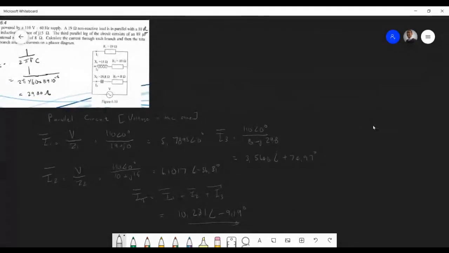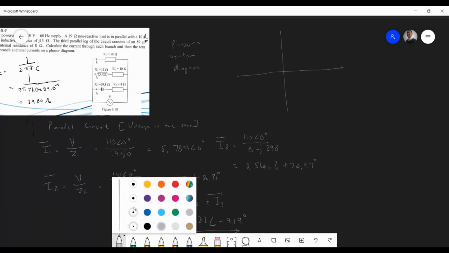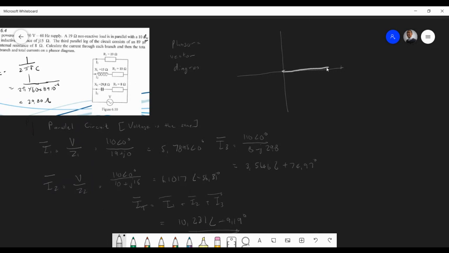And if you are interested in the phasor diagram, a phasor diagram is basically a vector diagram. Phasor equals vector, you just call it different things. What you essentially have here is your current. So I1 will be at 0 degrees.